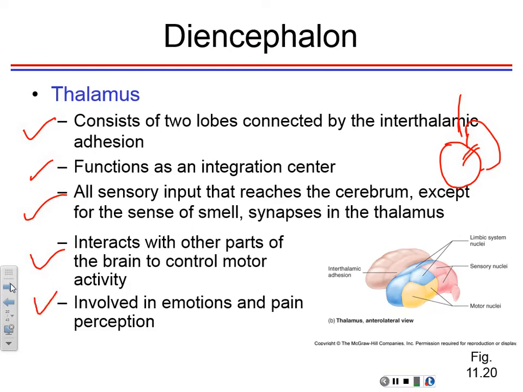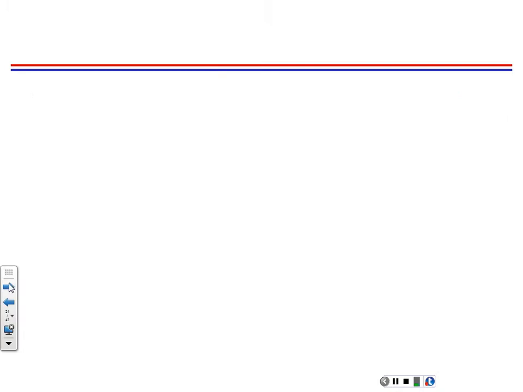And it's also involved in emotion and pain, the perception of those things, because pretty much all the senses are going through there, and they need to determine whether it's a pleasant sensation or a not so pleasant one. So the thalamus does all that. It decides which impulses to take care of and which ones are important enough to be addressed first, and then it sends it to the correct part of the brain.